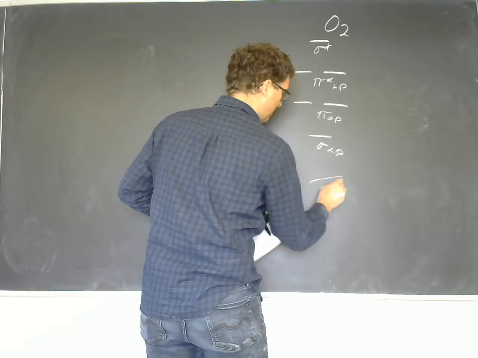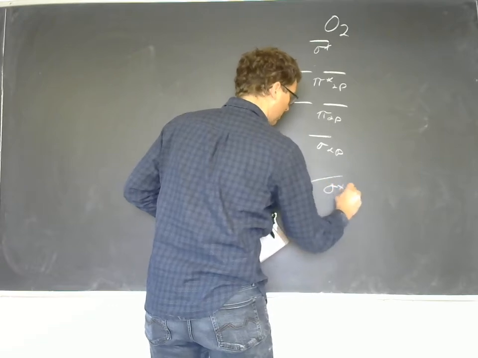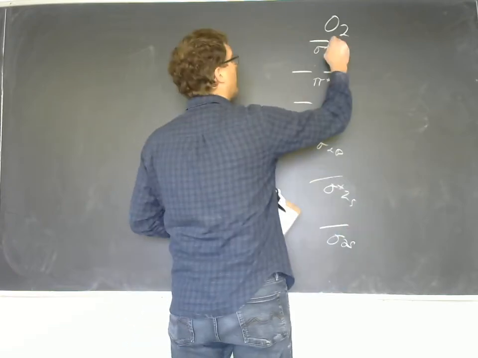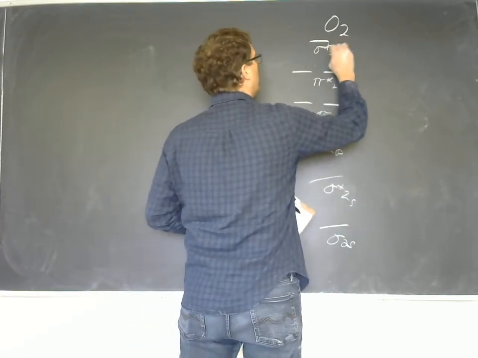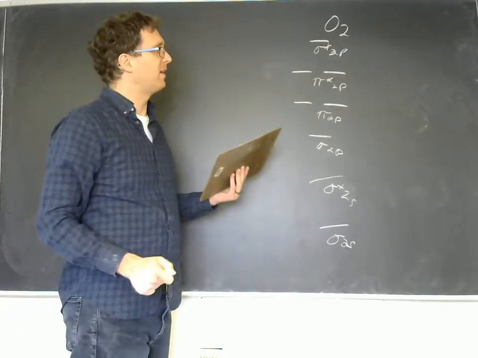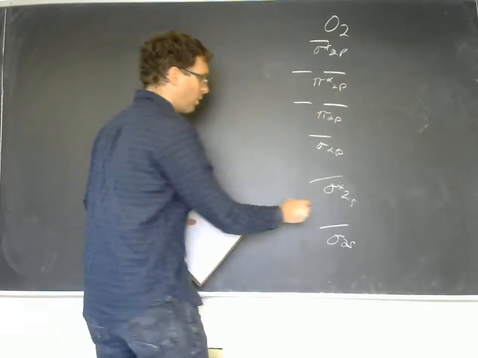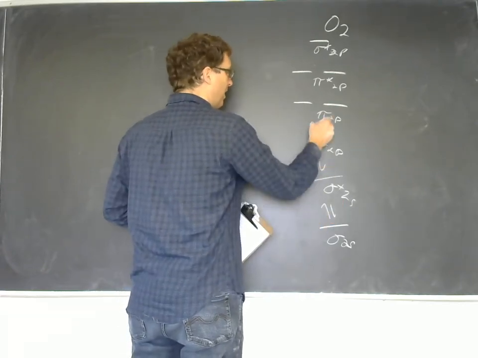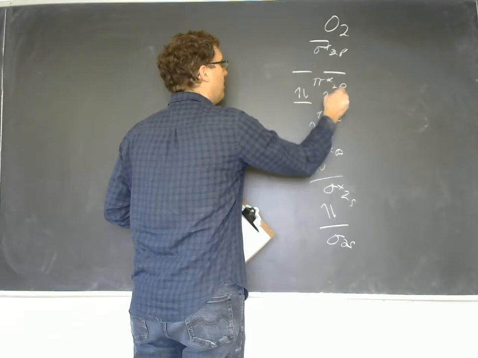I left one off, sorry, sigma star 2s, sigma 2s, and the sigma star 2p. And if we look at oxygen, how many valence electrons should it have? It should have 12. So 6 from each oxygen. 1, 2, 3, 4, 5, 6, 7, 8, 9, 10, 11, 12.